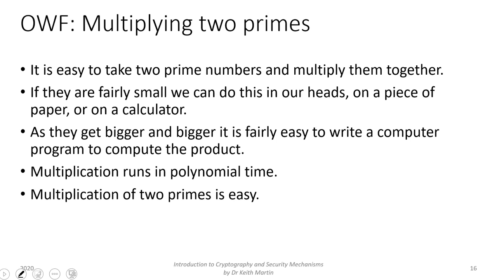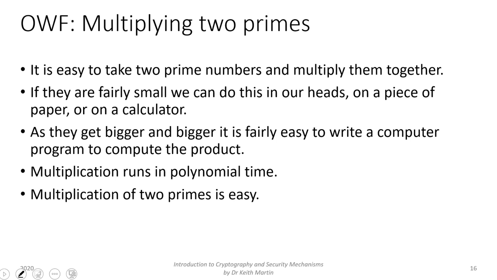But if we were given 15 and asked to guess what the original two prime numbers were, for smaller numbers it is fairly easy to guess. But if I give you a number like 143, it would be a bit difficult, but a computer may be able to do it fairly easily. If we go bigger and bigger, we will come to a point where a computer will not be able to compute that in a suitable amount of time.